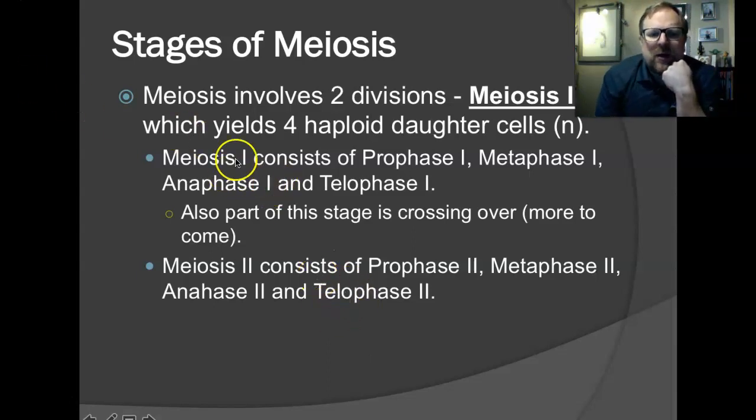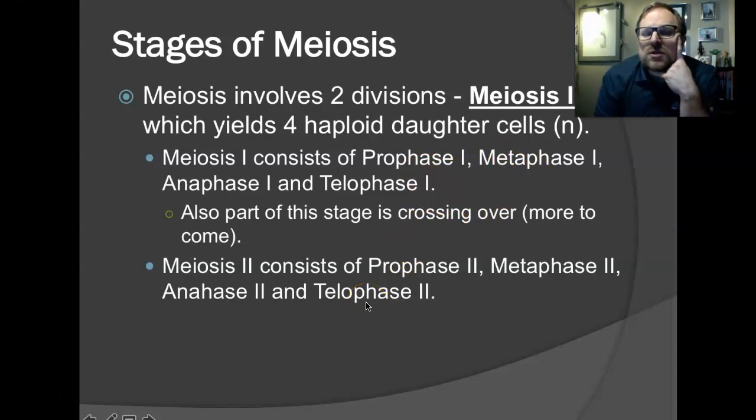Meiosis 1 consists of, and this is great because these titles are the same as the ones you found in mitosis, prophase 1, metaphase 1, anaphase 1, and telophase 1. There's also crossing over, and we'll talk about what that is, and it's actually part of one of these phases, and we'll get to it in a second here.